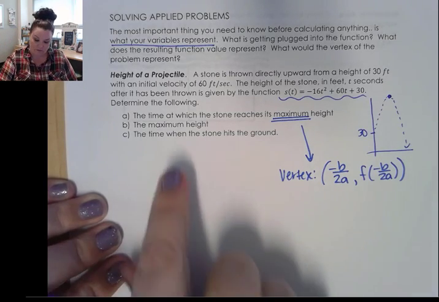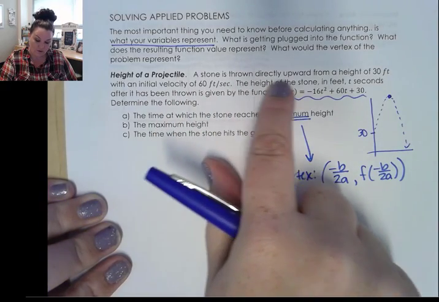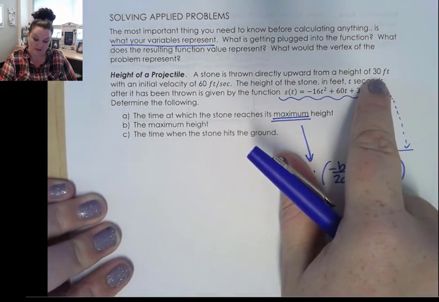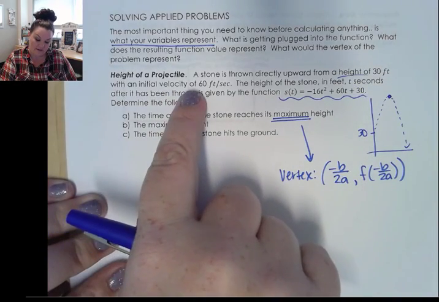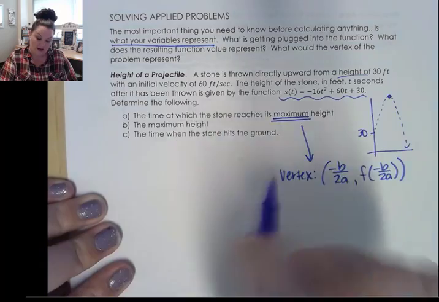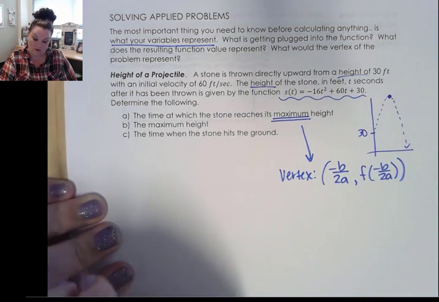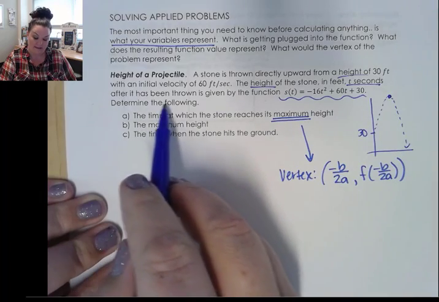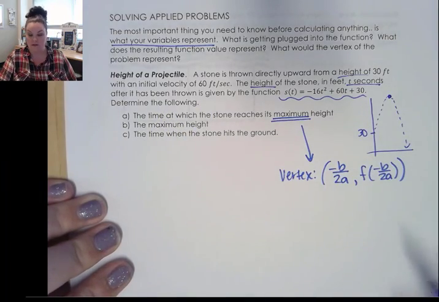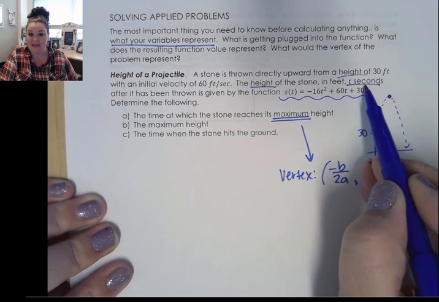So let's go back and read. It says, a stone is thrown directly upward from a height of 30 feet, so I see the word height, with an initial velocity of 50 feet per second. The height of the stone in feet t seconds after it has been thrown is given by this function. So the first thing I notice is t seconds.